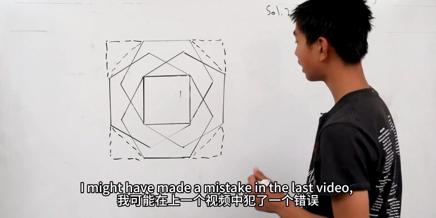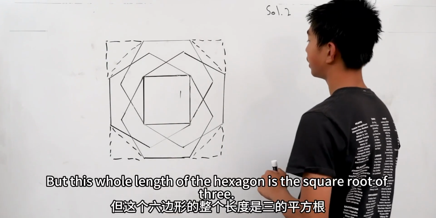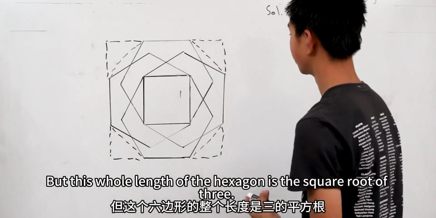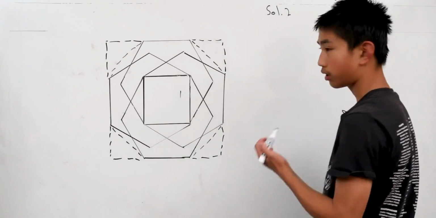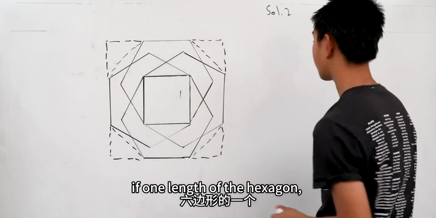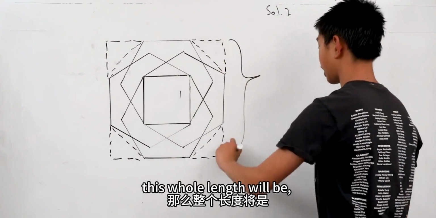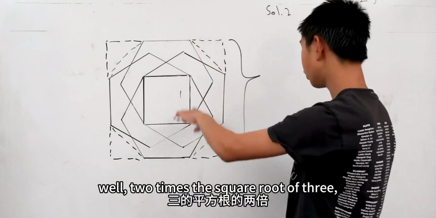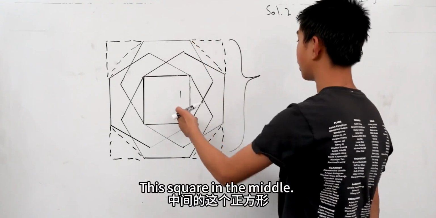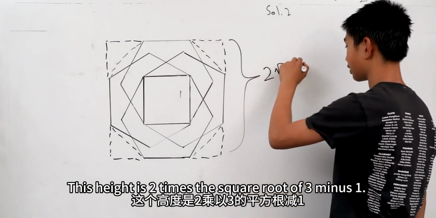Okay, so I might have made a mistake in the last solution, but this whole length of the hexagon is the square root of 3. So if one height of the hexagon is the square root of 3, this whole length will be 2 times the square root of 3, but you're overcounting this square in the middle, so this height is 2 times the square root of 3 minus 1.